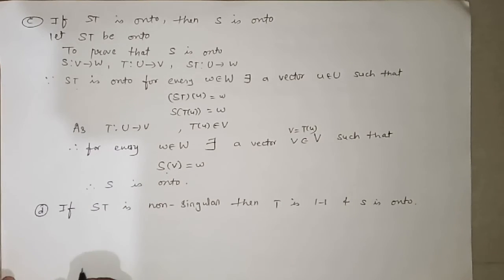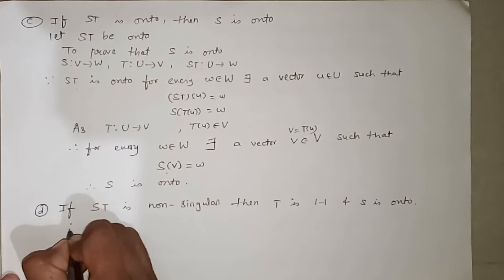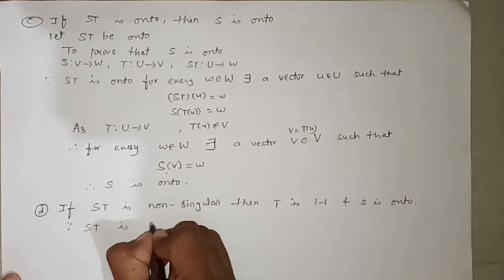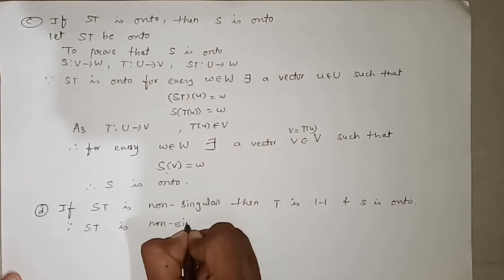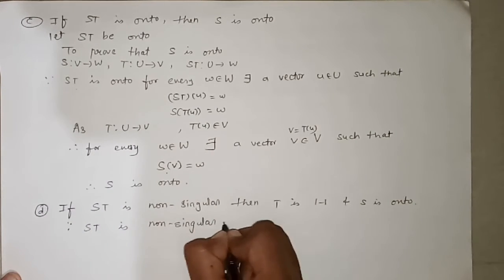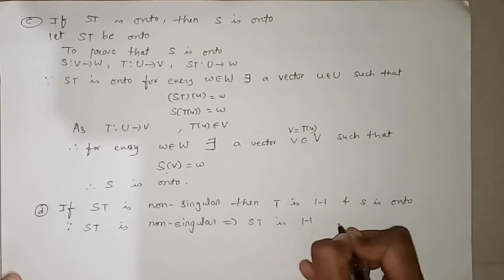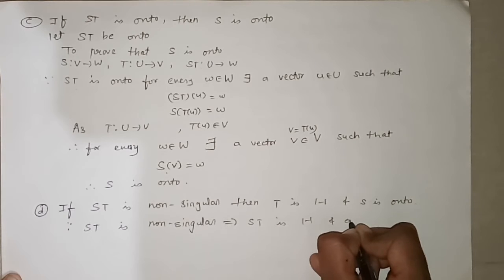So let us start. Say ST is non-singular. What we can conclude from this? This implies that ST is 1-1 and onto.